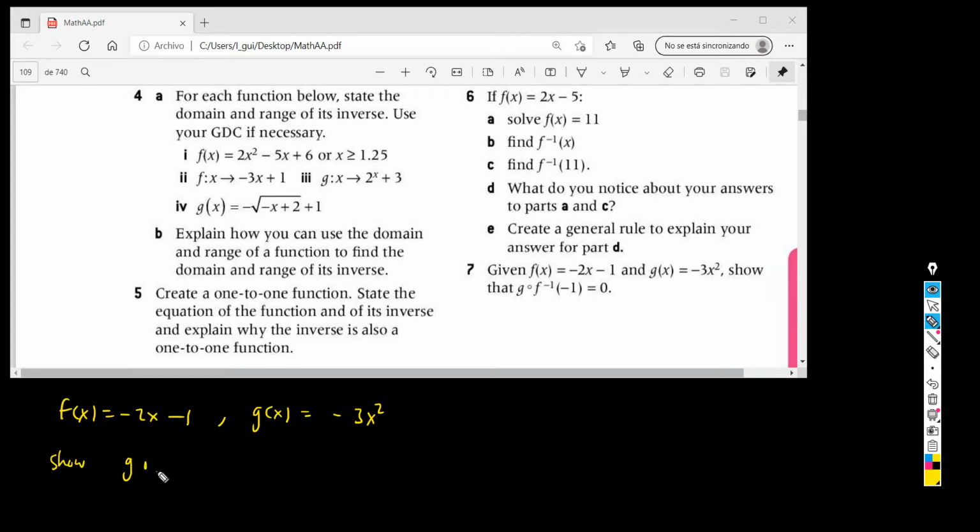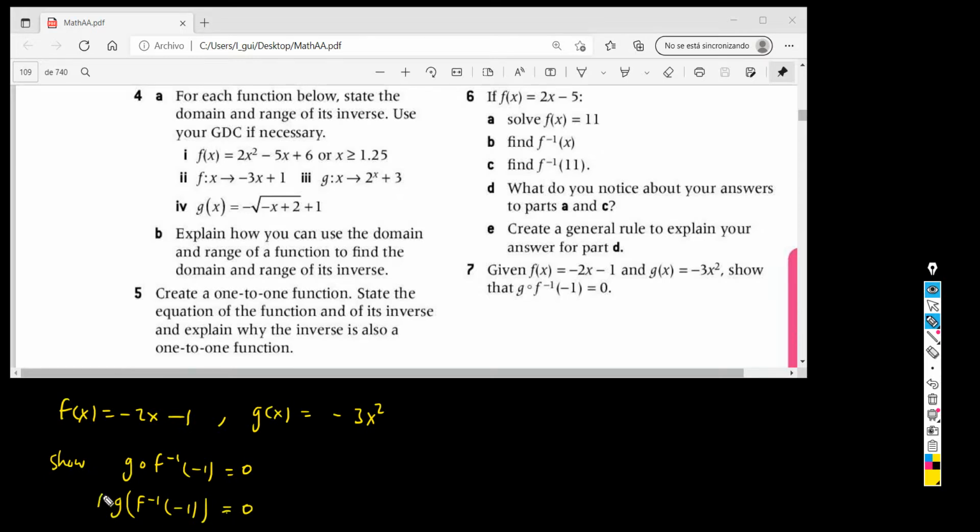Show that g composed with f inverse of minus 1 is 0. Okay, so this can also be written as g of f inverse of minus 1 is 0. I need to show this.